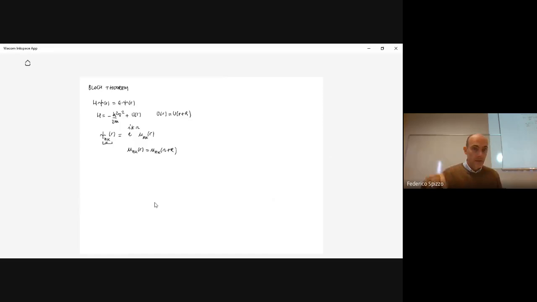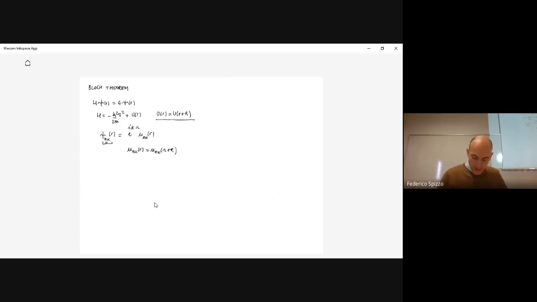In this new picture, so in the Bloch theorem, the Hamiltonian is not invariant under translations because we have a potential term, and that potential term depends on the position, and the dependence has a periodicity, but that periodicity is not arbitrary. So that is fine just for translations that are equal to a vector belonging to the Bravais lattice. So that will have a consequence on the properties of the system, but due to that, the momentum is not a constant of motion.